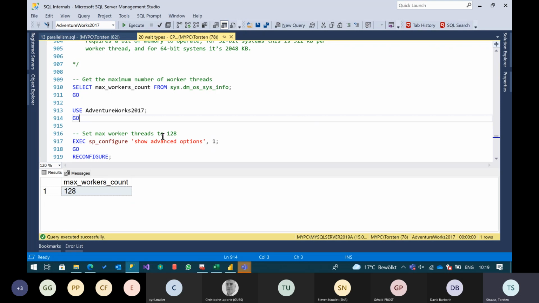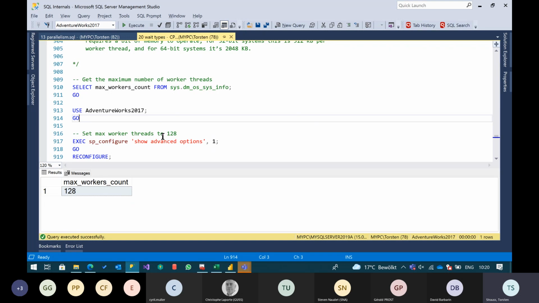There's a formula which SQL Server uses internally, which is dependent on the architecture, on memory, and I think it's also dependent on CPU. That means the more CPUs you have, the more worker threads you can run in parallel.